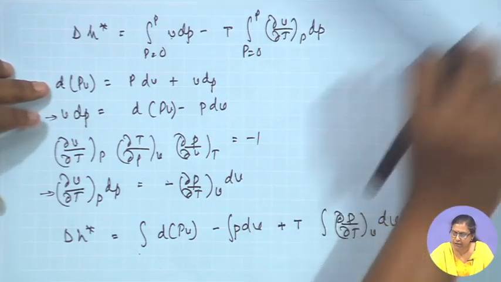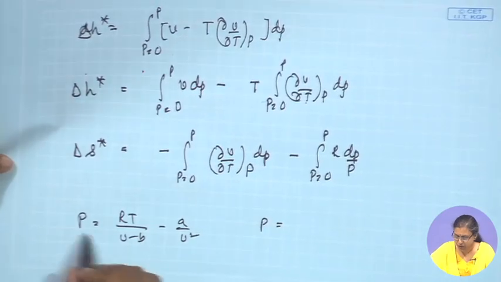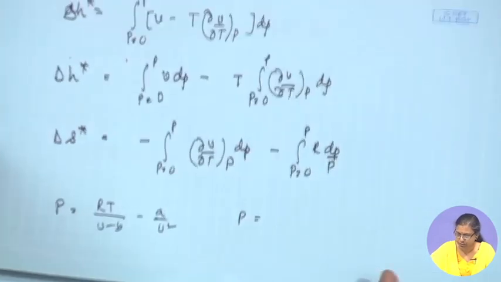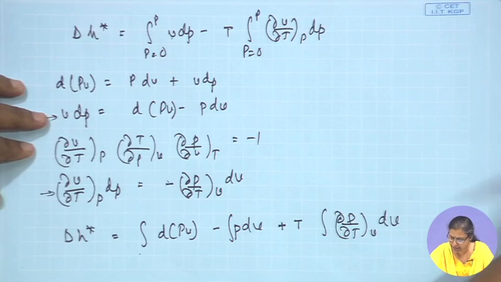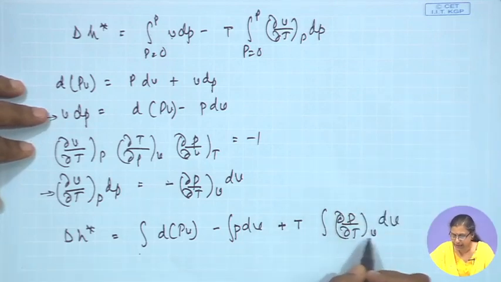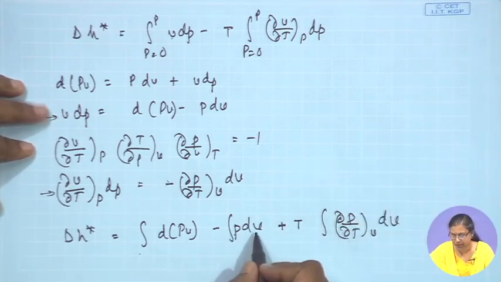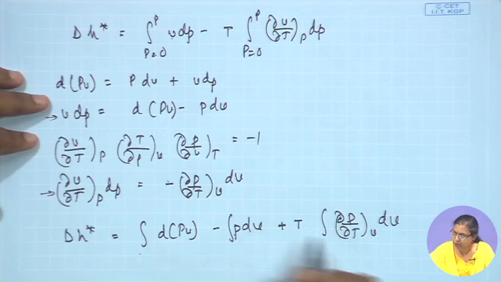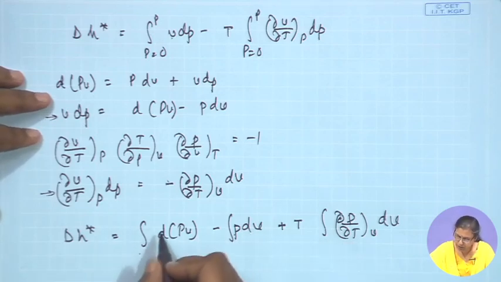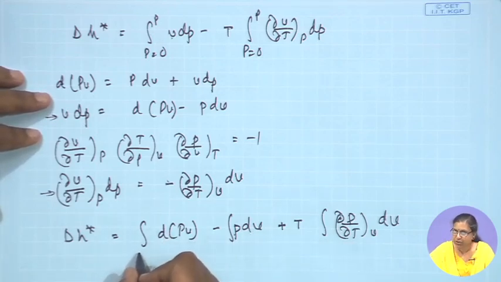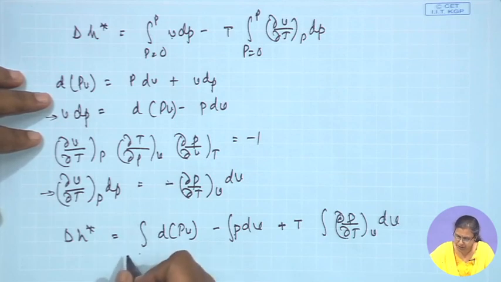So if you have an equation of the form P equals so and so, you can easily find del P/del T at constant V, find P dV, and compute this out. The only part remaining is putting in the limits of the integral.